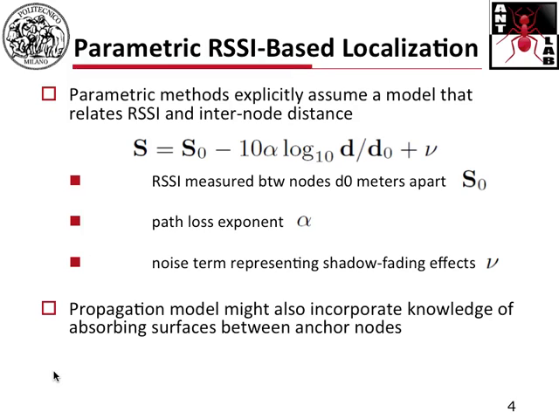So the distance value you are getting out of the parametric model may be totally different from the real one, if the conditions are far from the average. Is it clear?